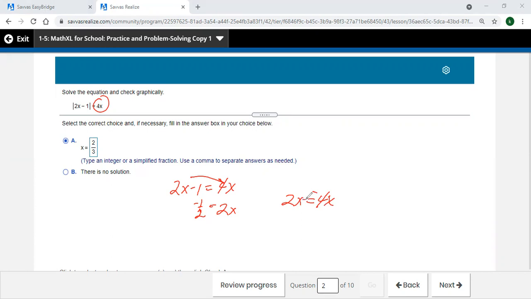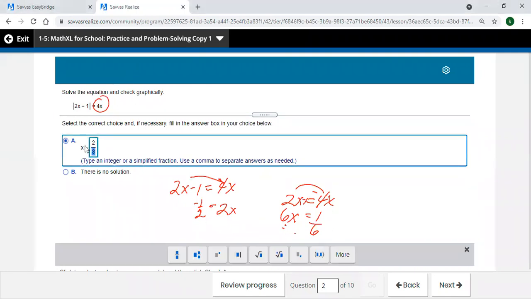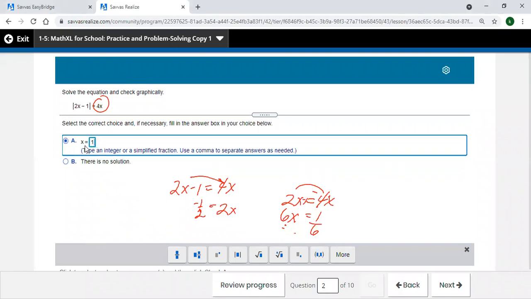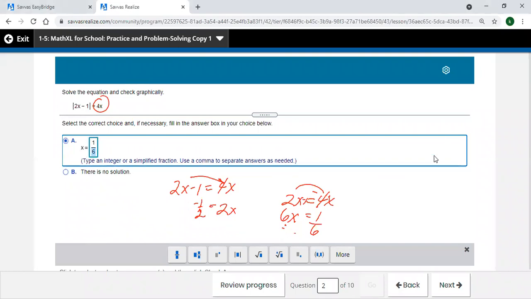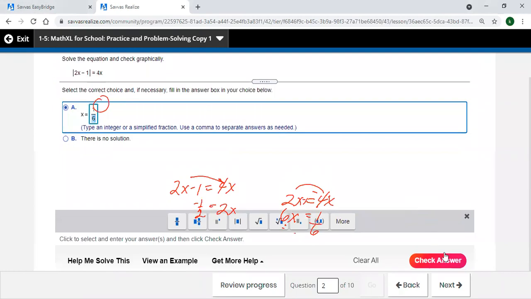Add the 4x, 6x equals, add the 1. Oh, got 1/6 this time. I don't know where I got the 2/3 from before. So 1/6. I did just make an arithmetic mistake. Let's go change our answer there to 1/6 in the fraction. I think everything I said the last time was correct. I just messed up with some numbers.